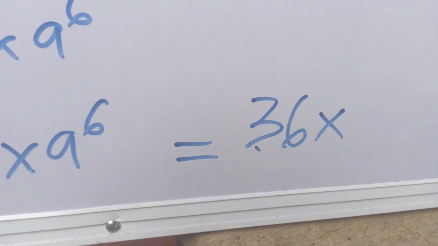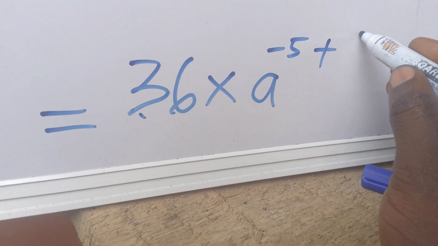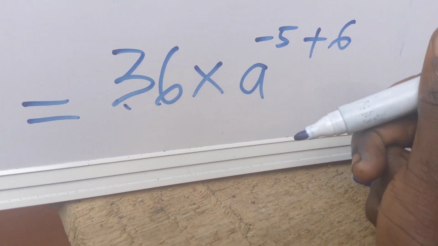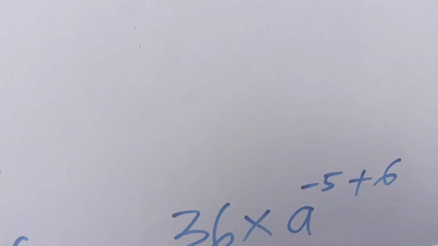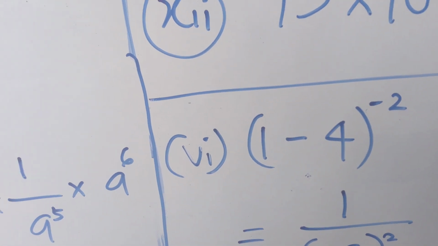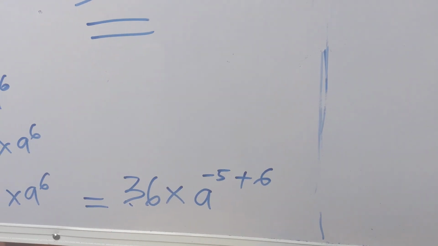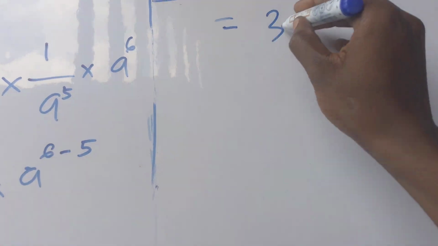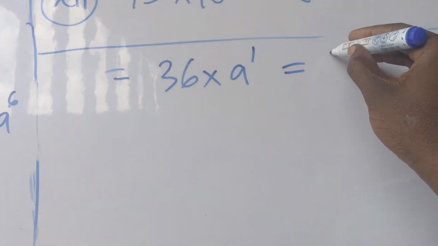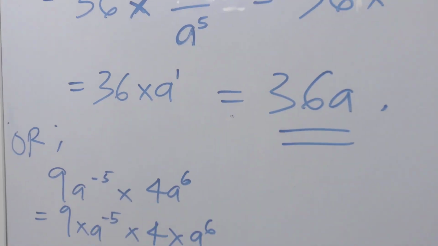I'm having e raised to power minus 5 plus 6. And minus 5 plus 6 is 1, isn't it? So this will give me 36 times e raised to power 1, which is 36e. Alright, the same thing, the same value.